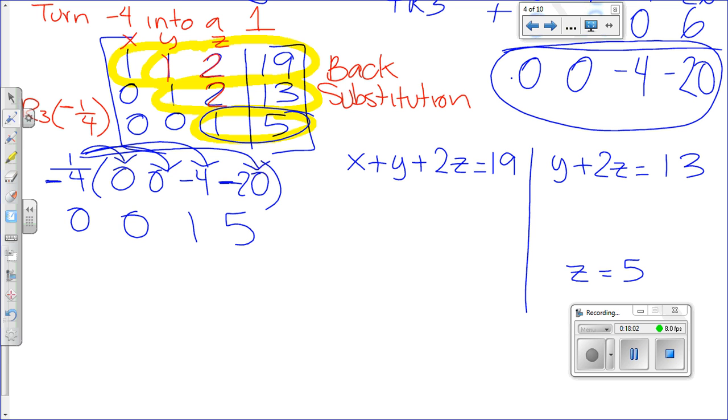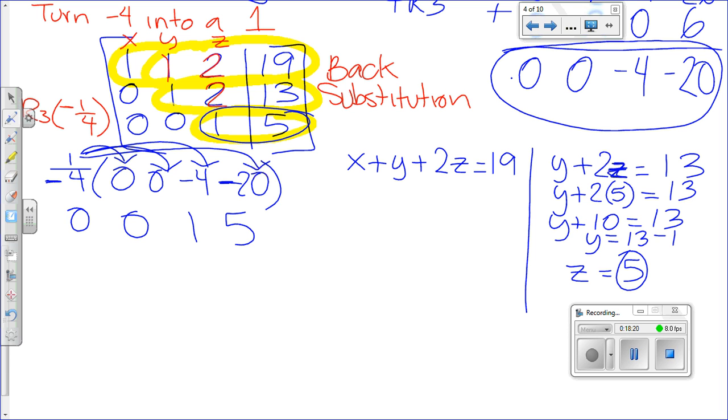So the term back substitution means that we're going to substitute z with the numerical value 5. So we will have y plus 2 times 5 is equal to 13. So y plus 10 is equal to 13. So y is equal to 13 minus 10. Therefore, y is equal to 3.